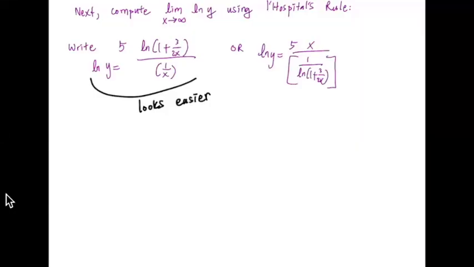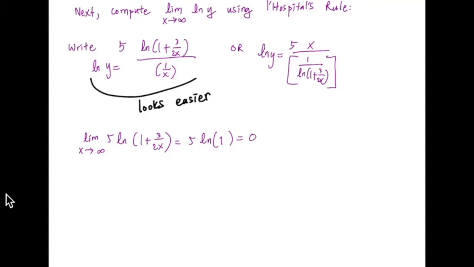First, let me check that I can actually use L'Hopital's rule, or if I even need to. So I compute the limit as x goes to infinity for the top function. So the inside goes to 1.